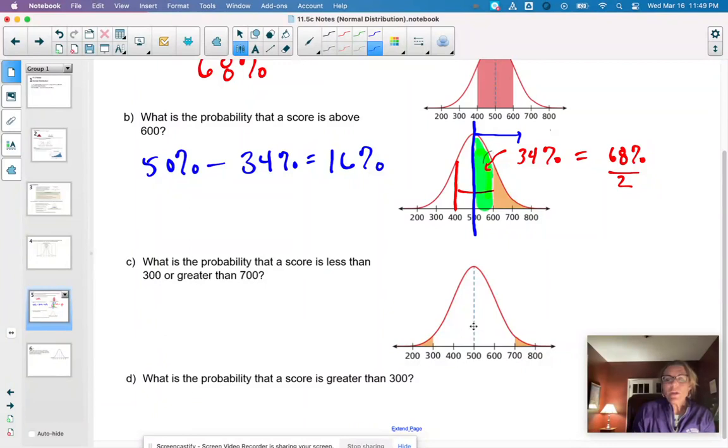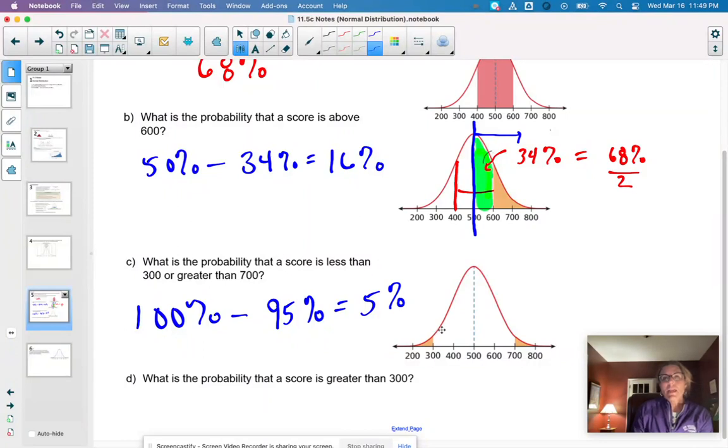So if we want to find out the probability that a score is less than 300 or greater than 700, then we're going to take the whole 100% and we're going to just subtract off 95%, which will give us 5%.